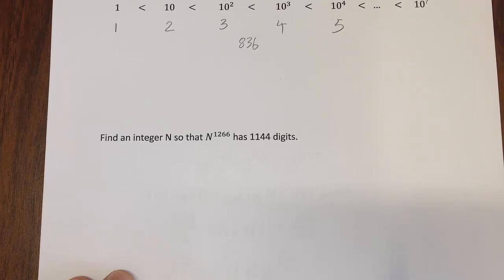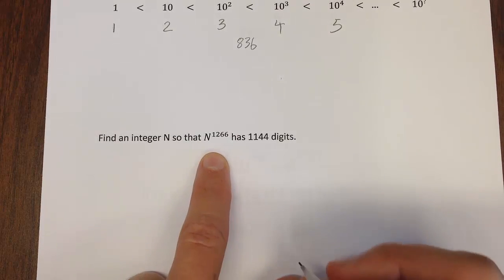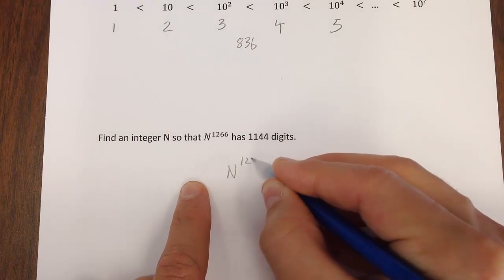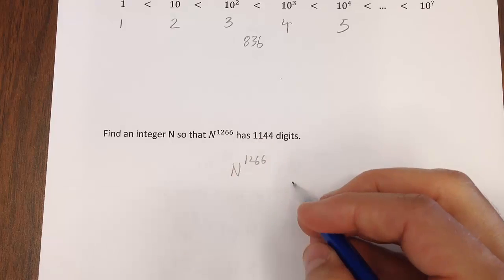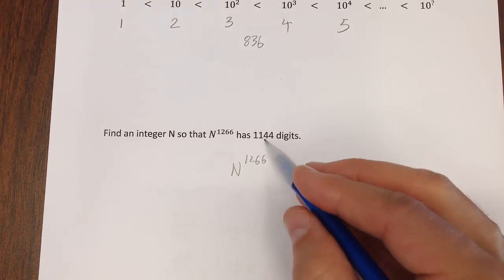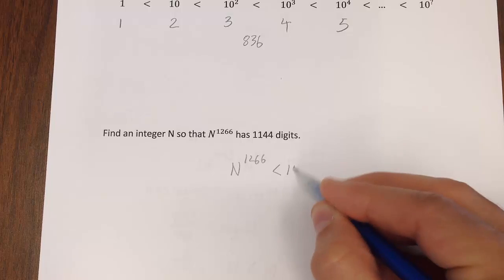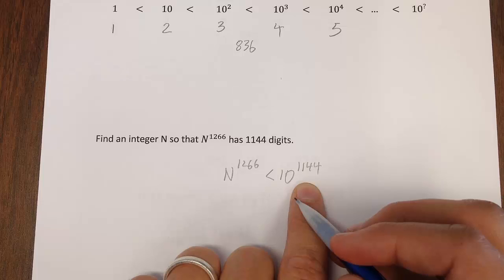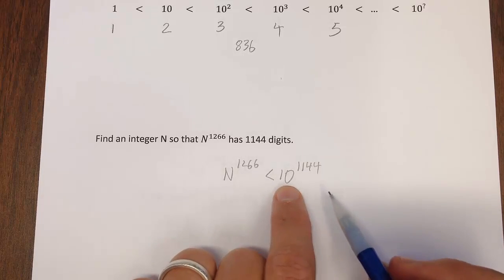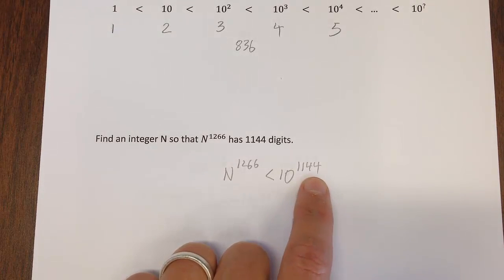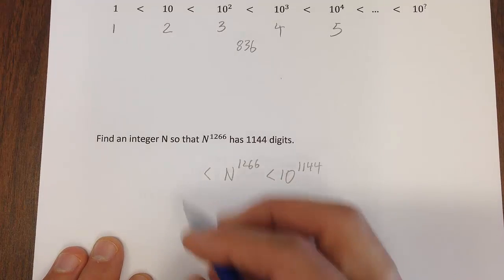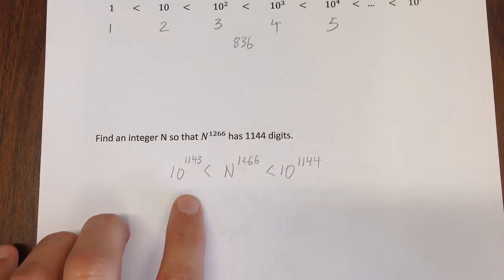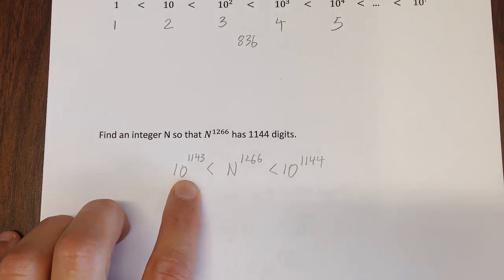So you find a problem like: find an integer n, so that n to the 1266 has 1144 digits. I know it better be less than 10 to the 1144. That's the smallest 1145 digit number, a 1 and then 1144 zeros, and bigger than 10 to the 1143. That's the smallest 1144 digit number.